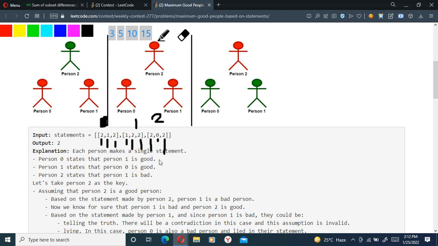Person 0 states that person 1 is good. 1 states that 0 is good. 2 states that 1 is bad. And there could be three conditions, right? For every condition right here, I know that person 1 could either be telling me the truth or he could be telling me a lie.